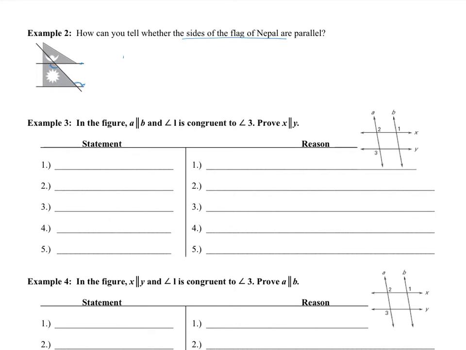So you can simply say, because the alternate interior angles are congruent, so you know that the sides of the flag are parallel.